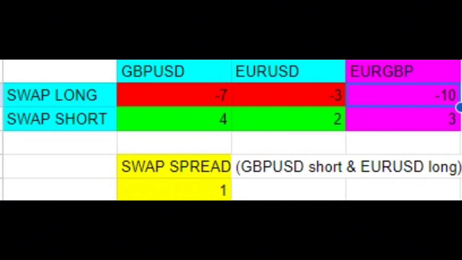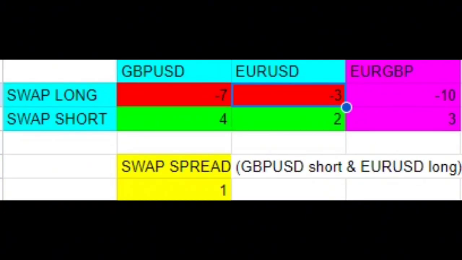But instead of paying $10, and that's an example obviously, you could make your own spread: entering short on GBP/USD and taking $4 as a swap, and entering long on EUR/USD, paying $3.